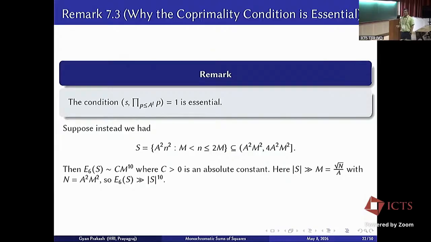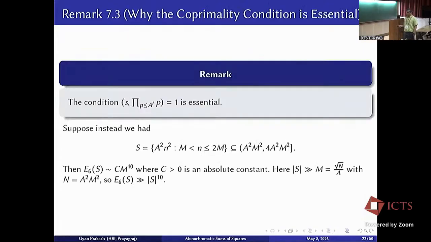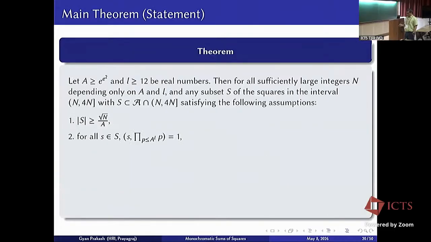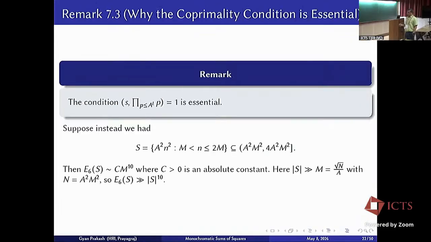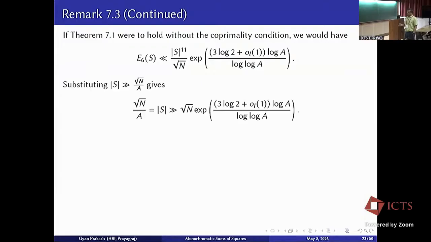So that will give you a lower bound for the E6S of the order M to the power 10. And then when you put in that this also holds, that E6S is less than or equal to this bound, then on the one hand there is an upper bound if you assume it, and there is a lower bound which we have proved.